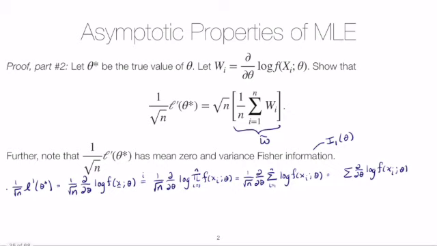All right, and then the last thing to do is just notice that 1 over the square root of n is equivalent to the square root of n over n, just using properties of exponents.